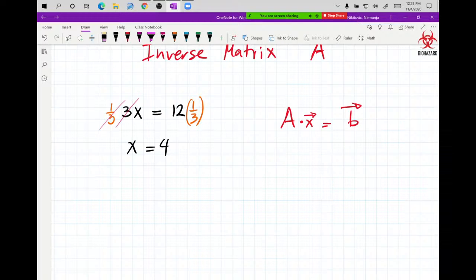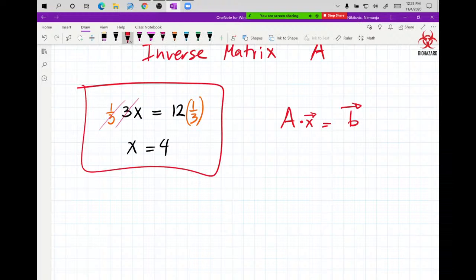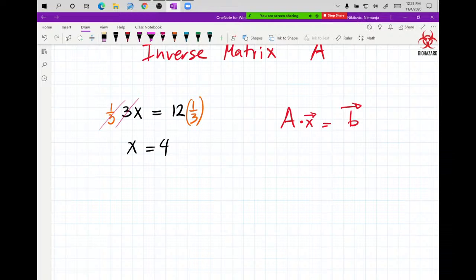Now, if we are to mimic what we did in algebra, it should be clear that all I need to do is to pre-multiply by A inverse. Guys, I can't stress it enough: multiplication is not commutative. So you can't just say, oh, times A inverse on both sides.